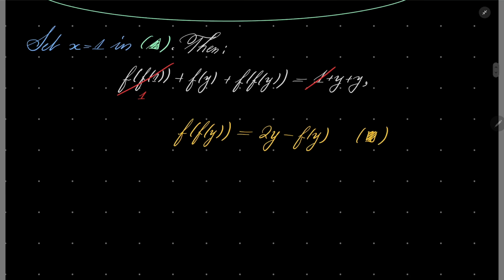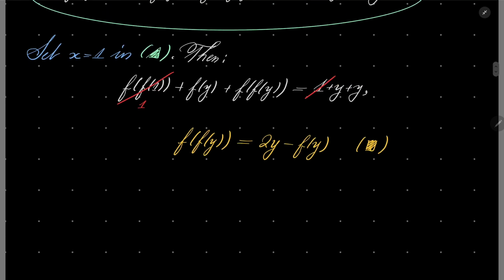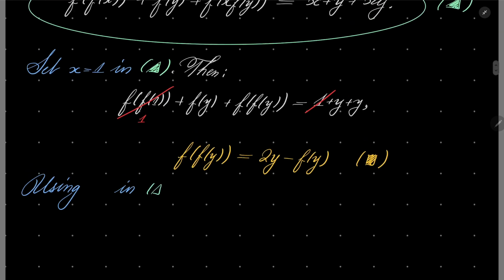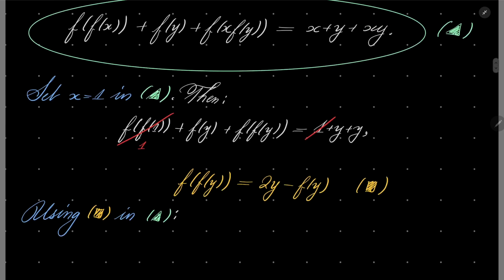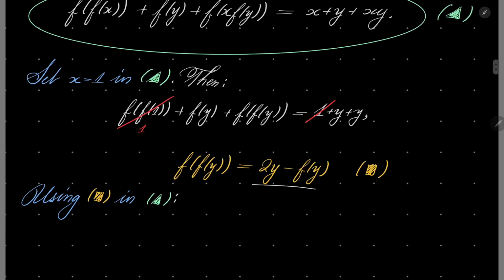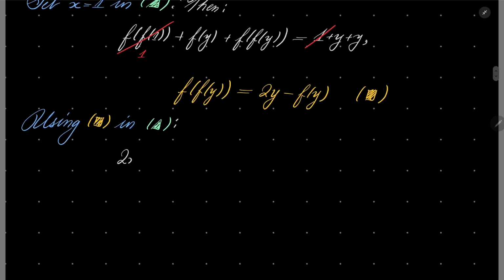this condition I will mark square. And now, using condition square in our previous equation, so using square in condition triangle, well, here we have f(x), but f(x) can be replaced by 2x minus f(x).